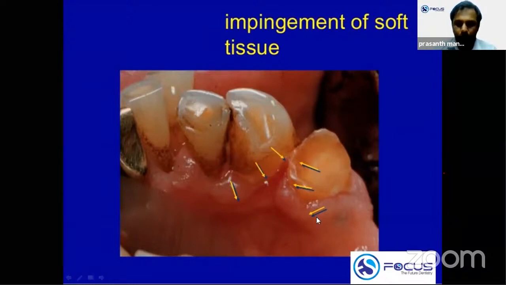Understood? Hope it is clear. If it impinges the supporting tissues, it will cause recession of the gingiva, it will injure it. Understood? So rest is an important component of our removable partial denture. Okay, clear.